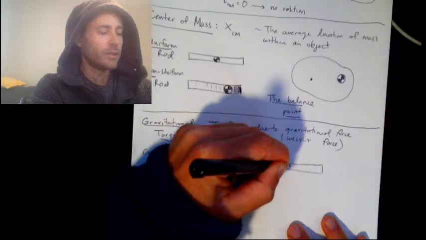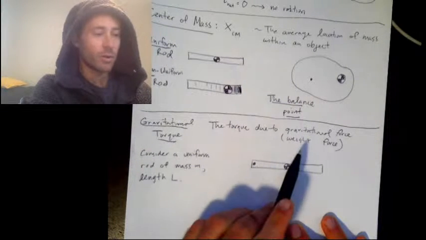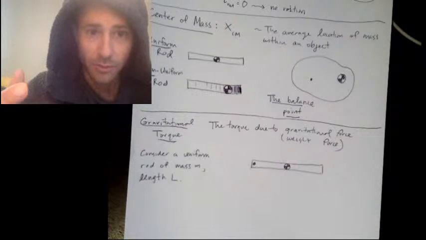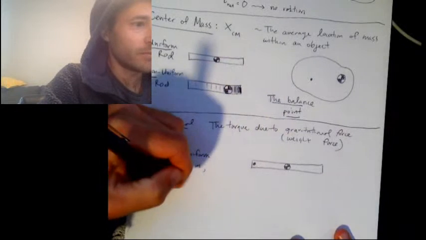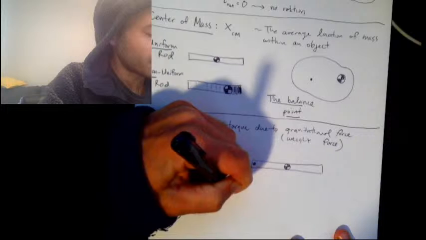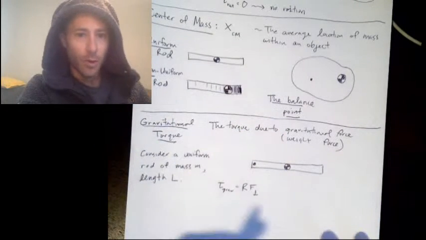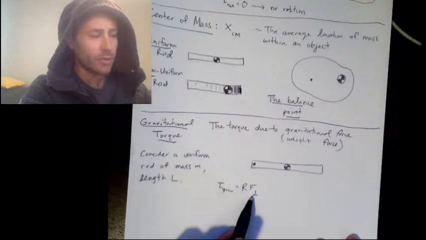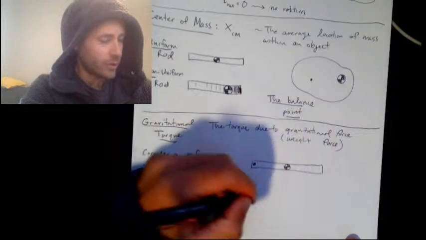So now the question is, if we're calculating the gravitational torque, we know the size of the gravitational force. The gravitational force is mg. But the main question when we're calculating the gravitational torque is what R value should we use?